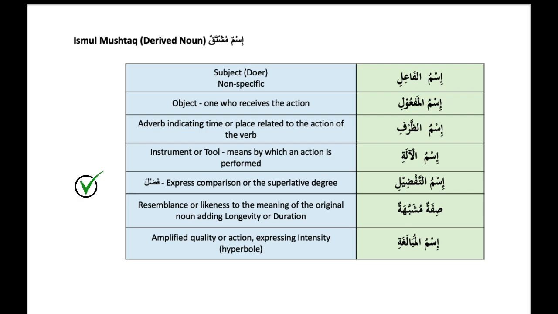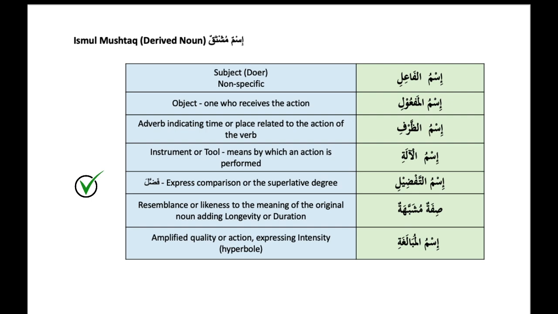Next, Ismut Tafdil. It came from the verb faddala, to express comparison or the superlative degree. Example, Khayrukum man ta'allama, the best among you is the one who learns. Here, khayru means the best, superlative degree.